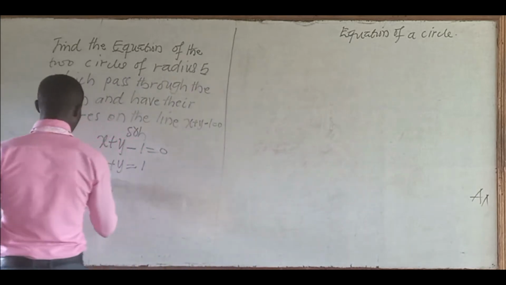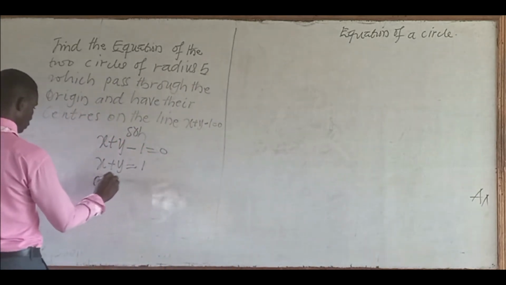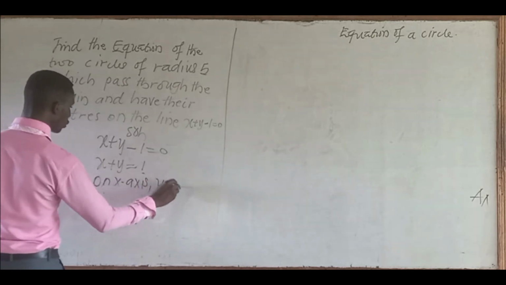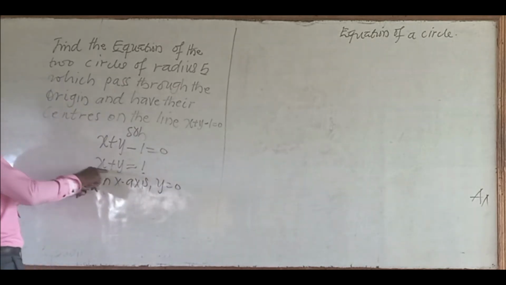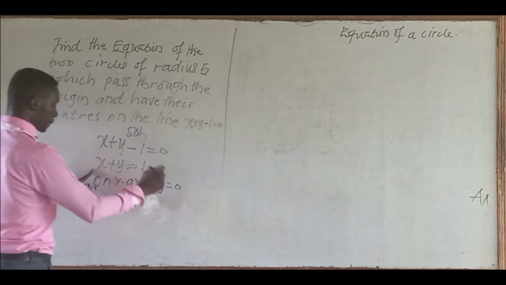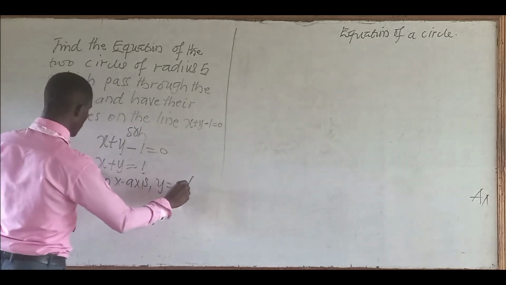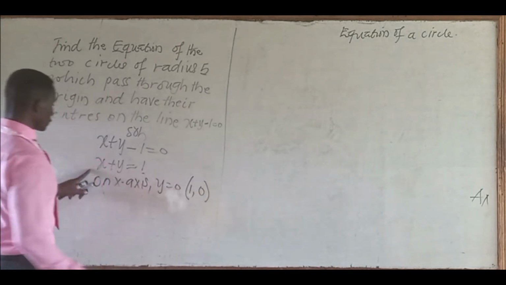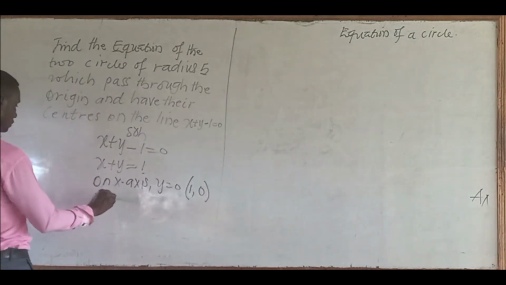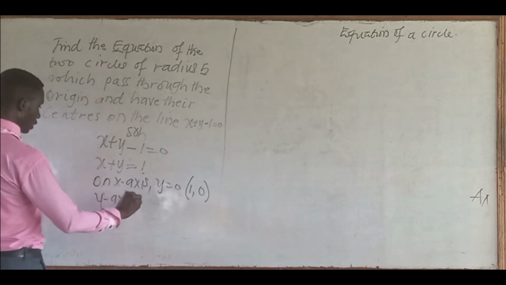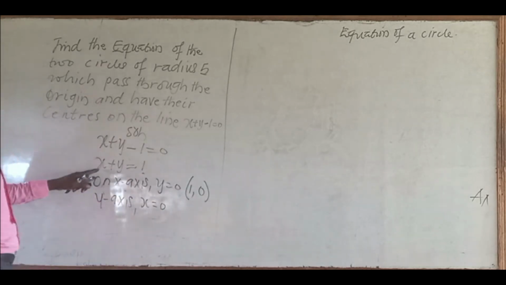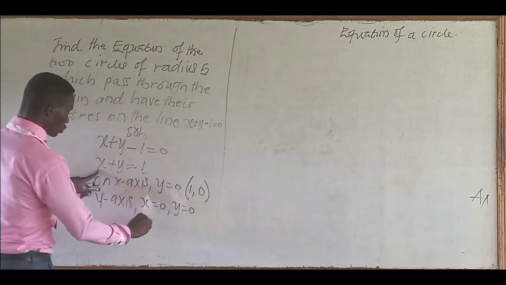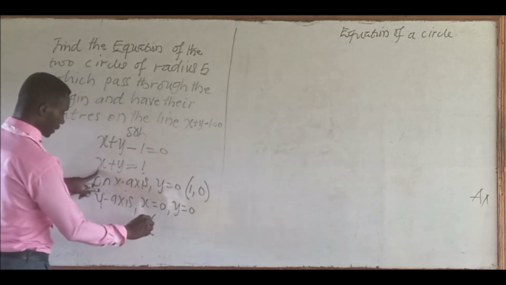So on the x-axis, y is equal to 0. When y is 0, you get x is equal to positive 1. So you get the point 1, 0. And on the y-axis, x is equal to 0.